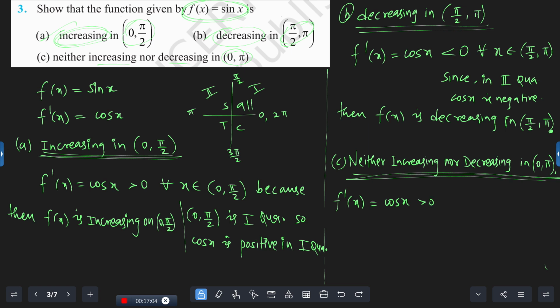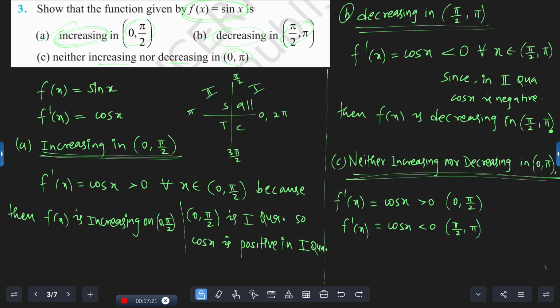Okay, you can write f dash of x greater than 0 for 0 comma pi by 2. In the same manner, f dash of x equals cos x is less than 0 for pi by 2 comma pi.